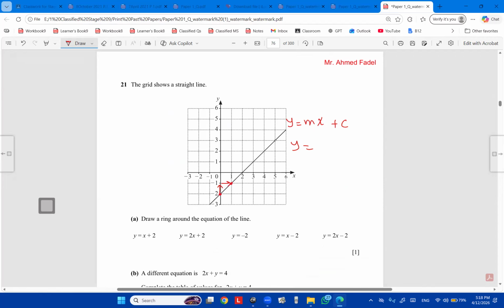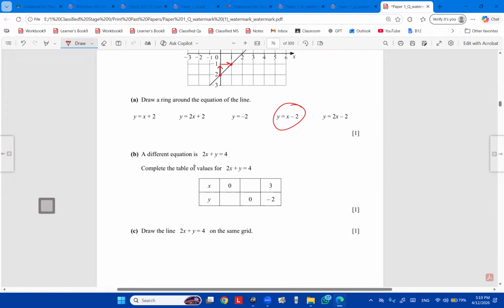This has a positive gradient because it's increasing from left to right. So 1 over 1 is just 1x, and we just write x. Where does it cross the y-axis? At -2. So this is the y-intercept. So y equals x minus 2.